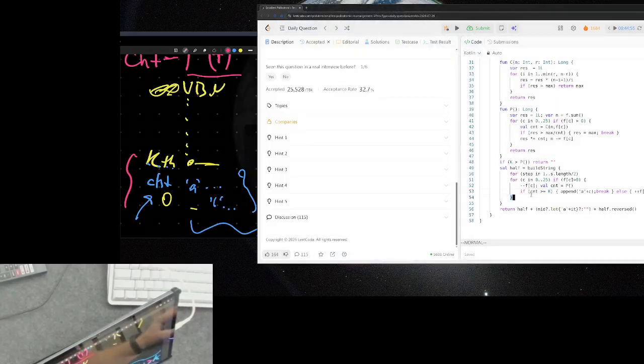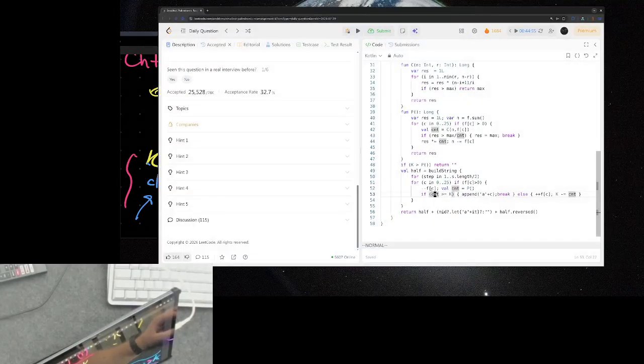Okay, this is a crucial understanding. Even after I studied this problem yesterday, I didn't pay much attention to how this equation works exactly. You're naturally writing it down like count less than k, then append. But it is exactly the opposite, because this is a count for the suffix.